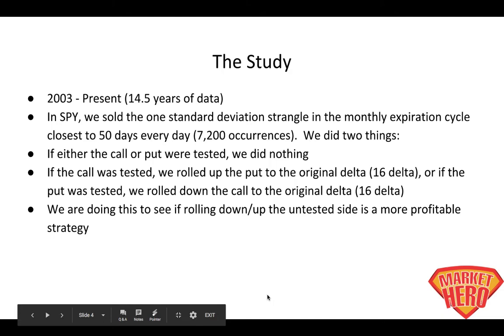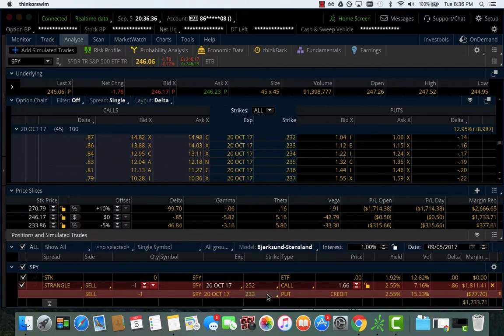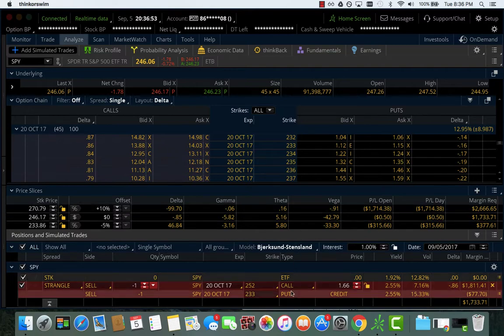So these are only the occurrences where the price of the stock got to the price of our put or call, right? So in this example, we would do nothing, but we would note the P&L and the profitability if our call or put were tested.